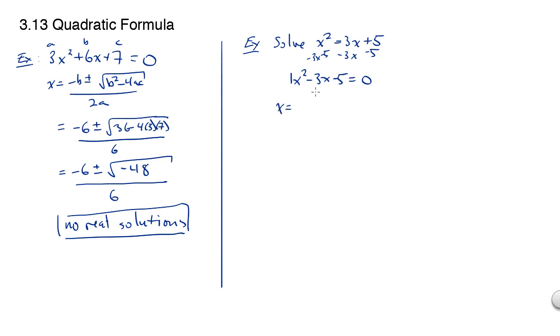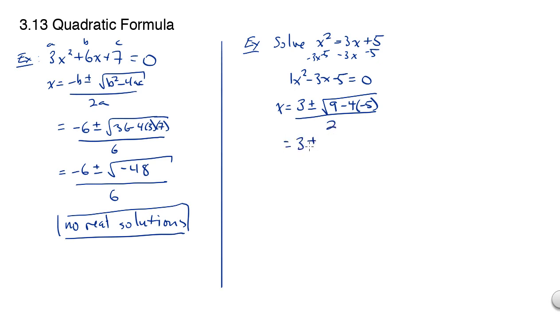So our solutions are negative b, which is 3, plus or minus the square root of b squared, which is negative 3 squared, which is 9, minus 4 times 1, times c, which is negative 5, all over 2 times 1, which is 2.